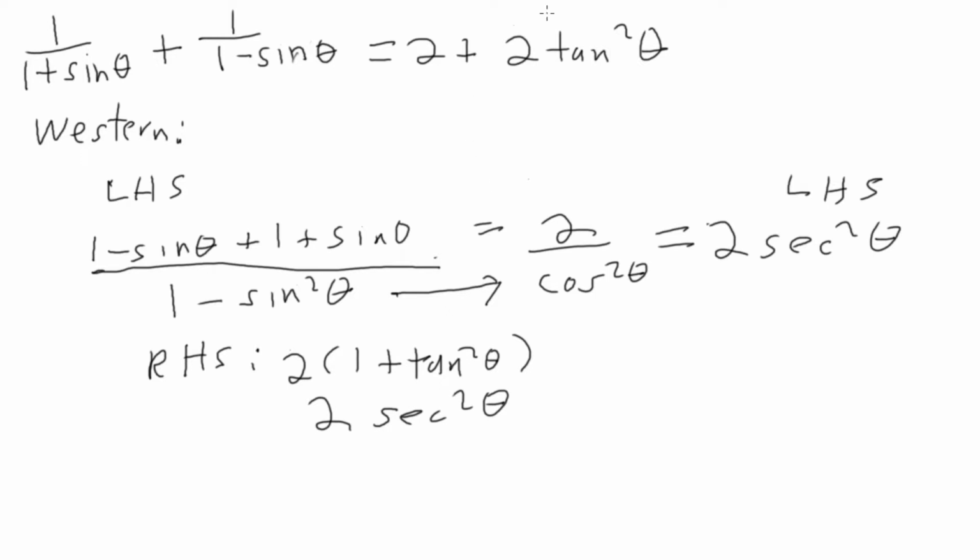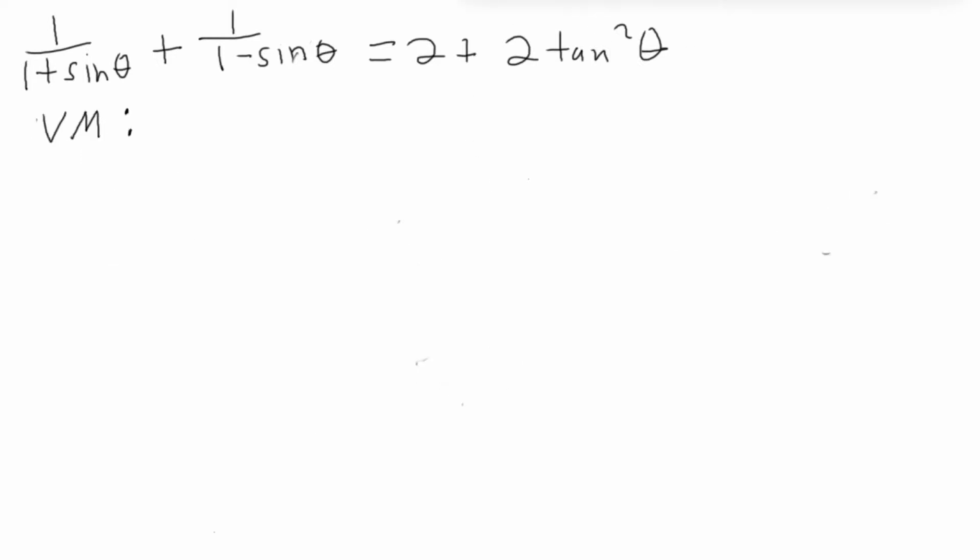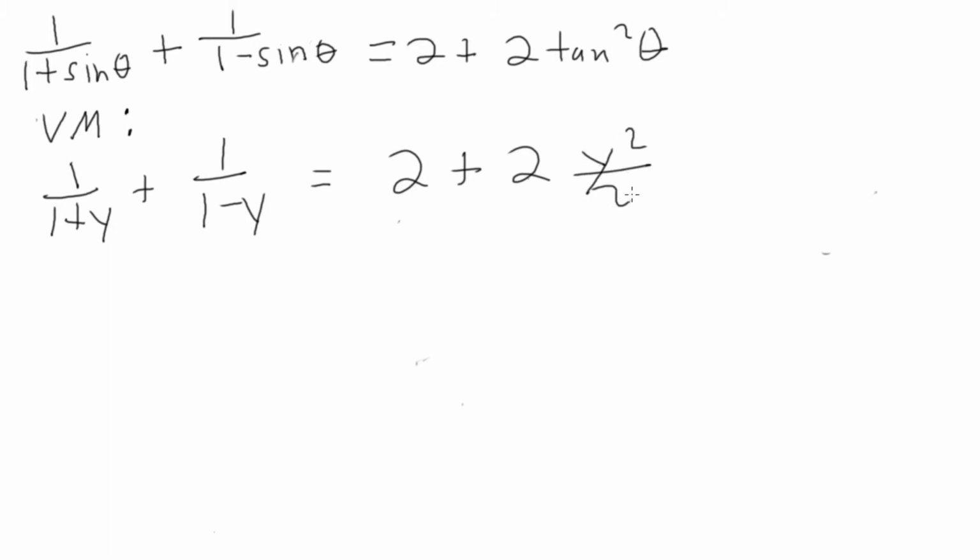Now we're going to go to the Vedic. So for the left hand, we can say 1 over 1 plus y plus 1 over 1 minus y equals 2 plus 2y squared over x squared. Okay, so what could we do next? Well, one thing we could do is perhaps the same thing as before.